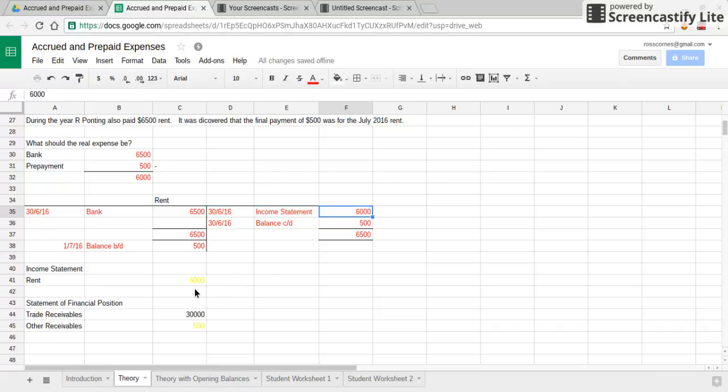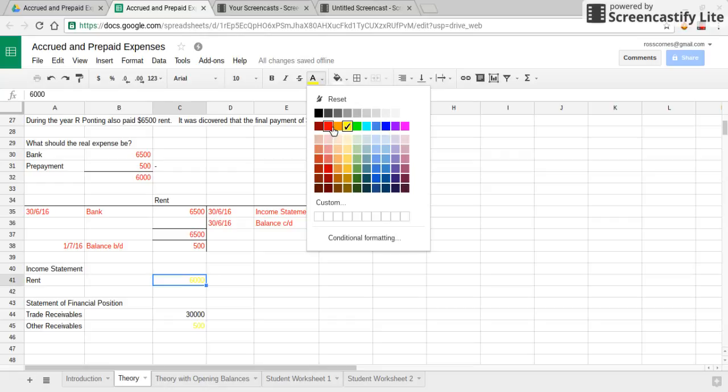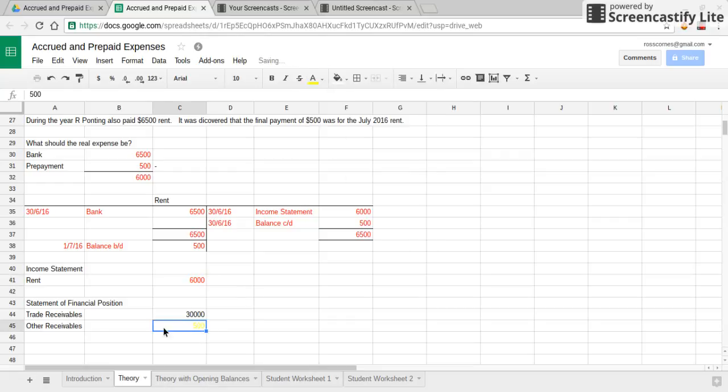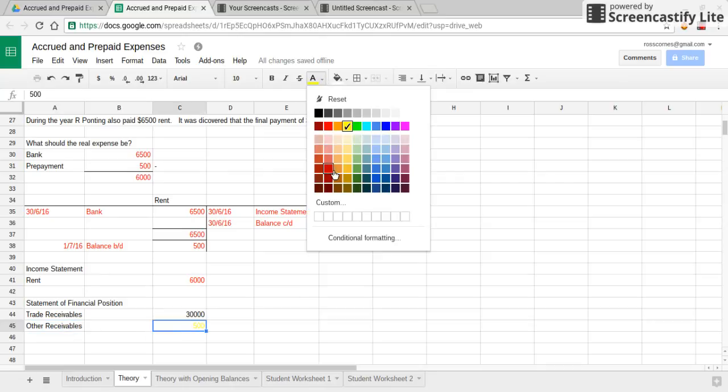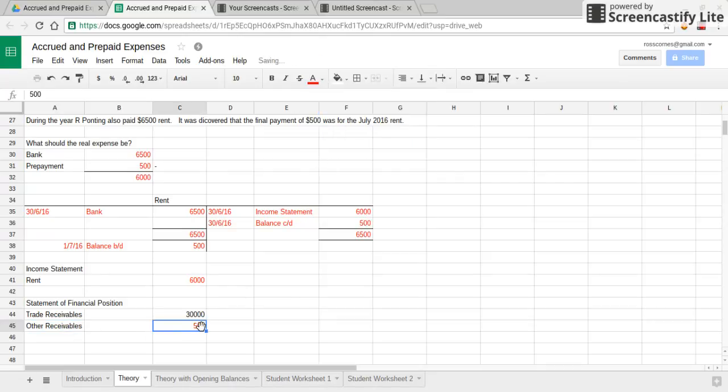In the income statement, therefore, as an expense, we've got $6,000 worth of expense, and it'll be called other receivables rather than trade receivables in your current asset section of the balance sheet for $500.